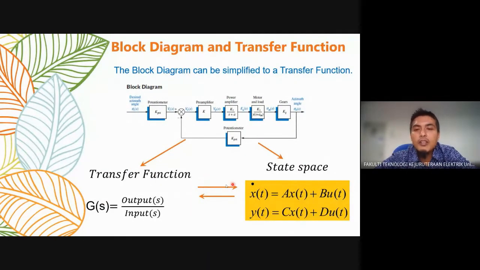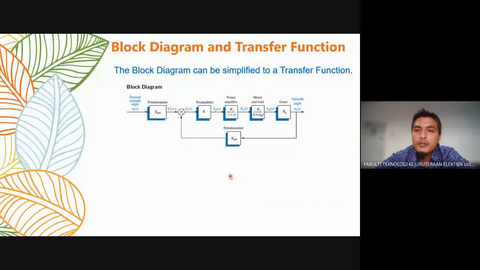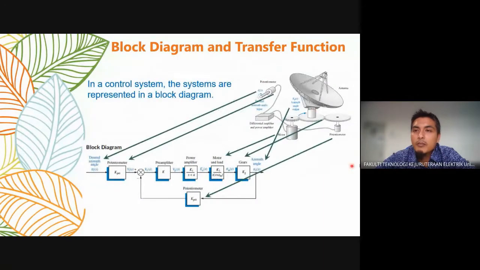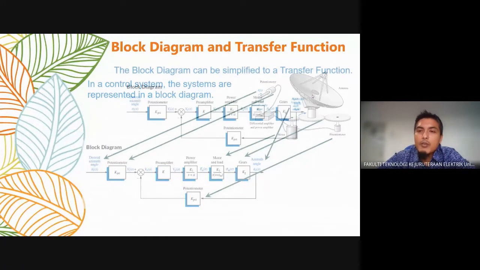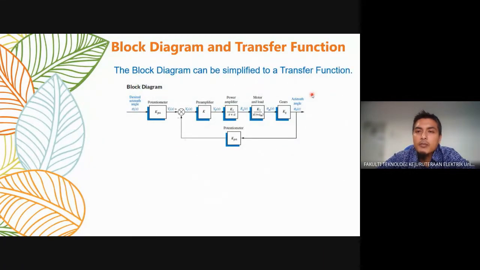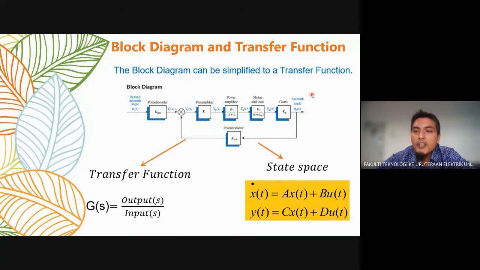This is the conversion process, and you will learn this. Firstly, you have this system, and then you convert this system to a state space equation. After you convert to the state space equation, you can convert the state space equation to the transfer function, and also from transfer function to state space.